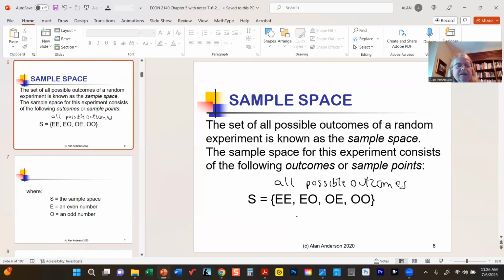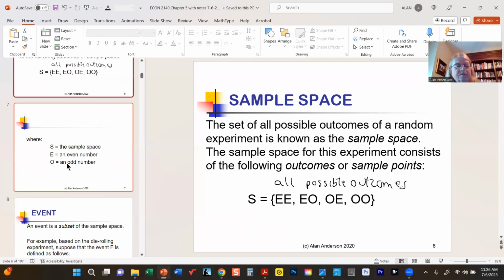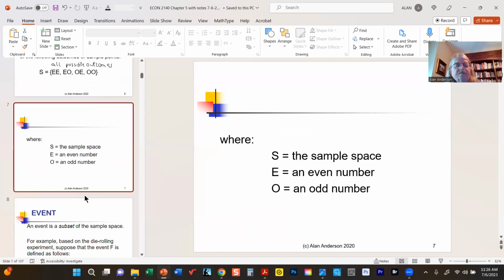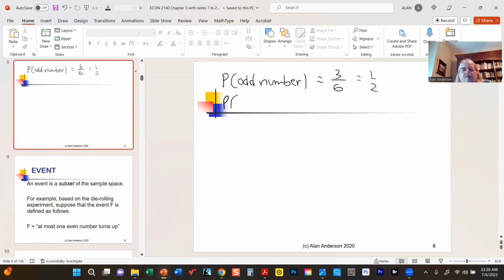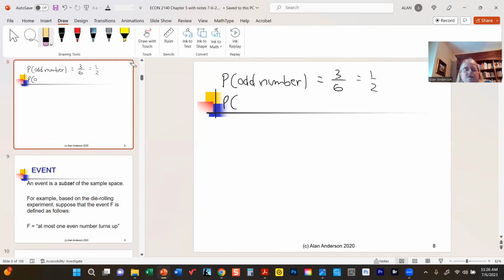Now, here's an interesting side note. We know that the probability of getting an odd number on a single roll is 3 out of 6, or 1/2. And the probability of an even number is the same.